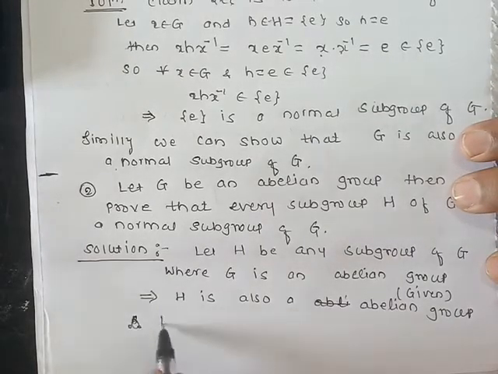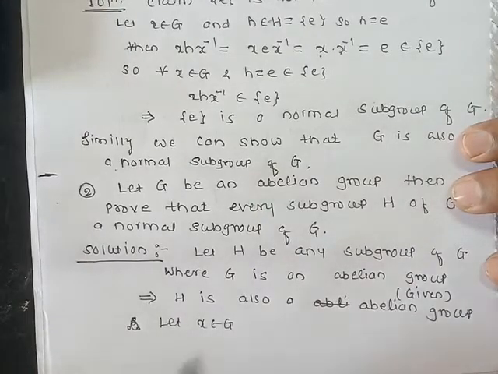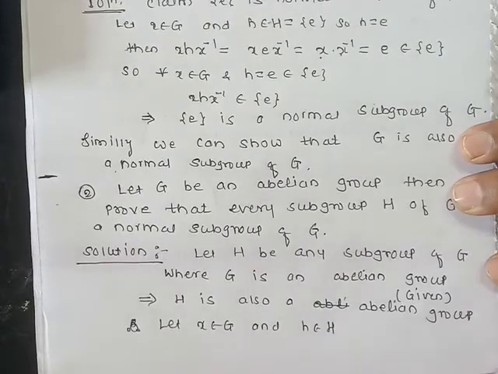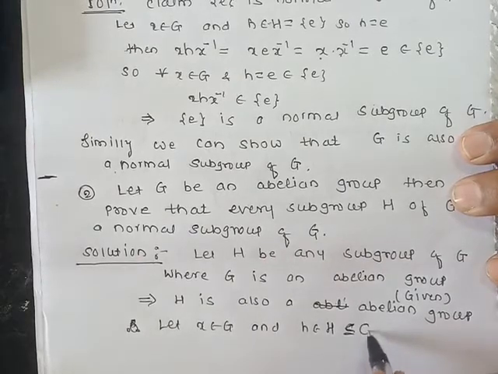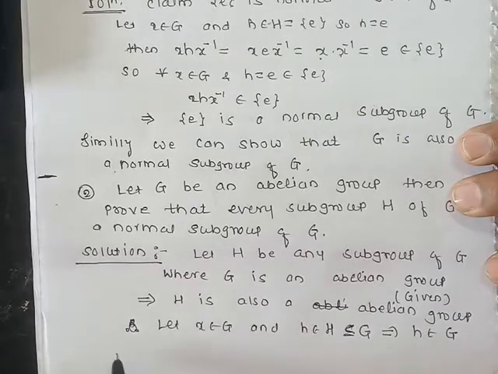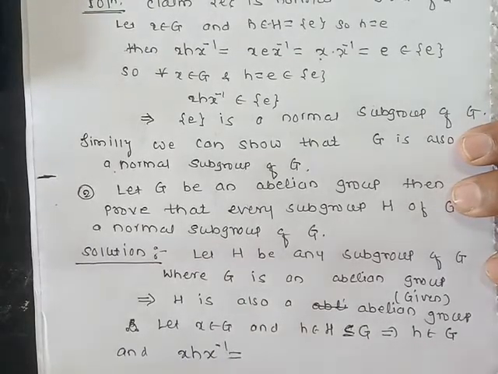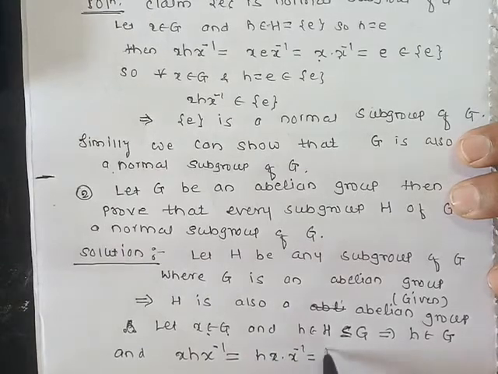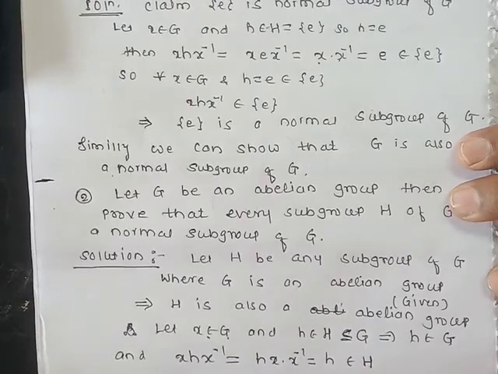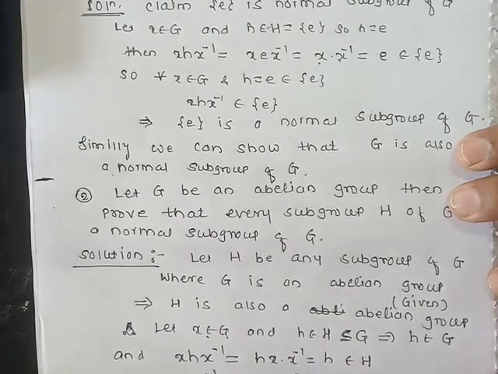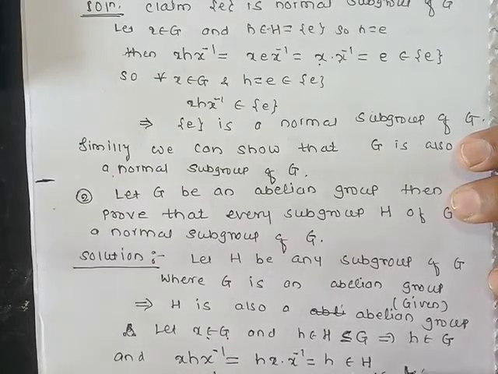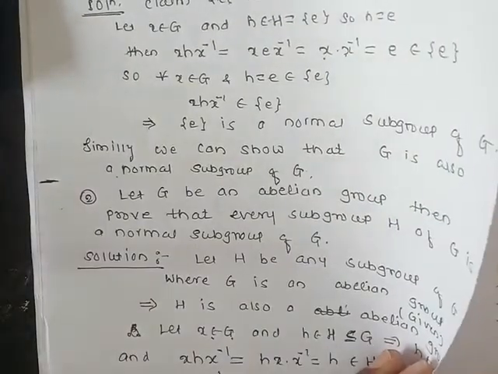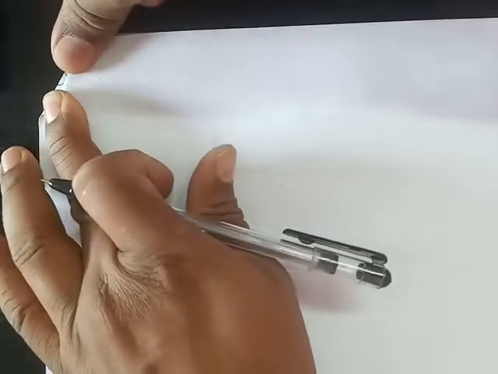Therefore, let x belongs to G be any arbitrary element and h belongs to capital H, which is a subgroup of G, so h also belongs to G. Since x and h belong to G and G is abelian, we have h x into x inverse equal to h, which belongs to capital H. This implies that x h x inverse belongs to capital H for all x belongs to G and for all h belongs to capital H. Hence every subgroup of an abelian group is normal.